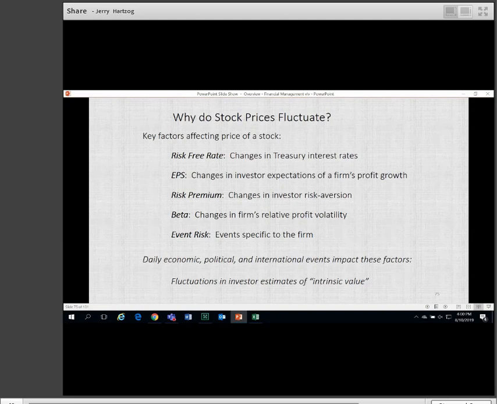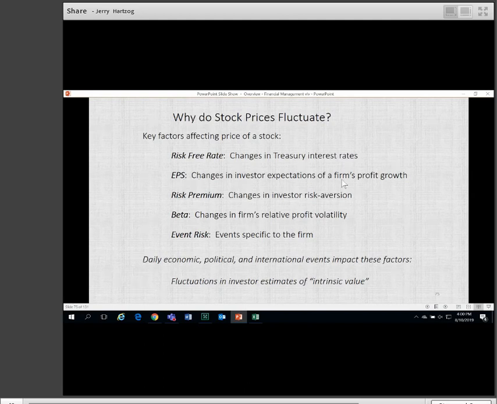And remember, if you change the required yield, then the price is going to move in the opposite direction. Remember, just like bonds, there's an inverse relationship between yield and price. They fluctuate in opposite directions. So if we change the required yield because of the change in treasury rates, then the prices are going to change.